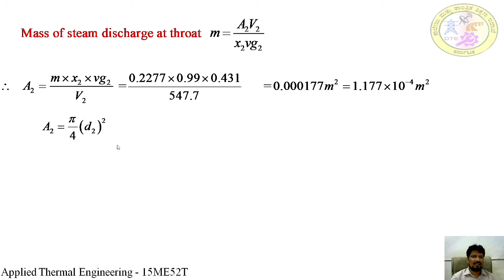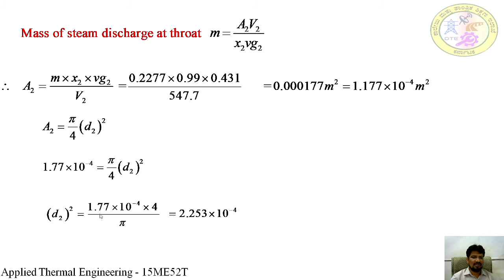Now you calculate the diameter. In the given problem, find out the diameter of the throat. We know A2 is equal to pi by 4 into d square. Therefore the area is 1.177 into 10 to the power of minus 4 equals pi by 4 into d2 square. Therefore d2 square is equal to 1.177 into 10 to the power of minus 4 into 4 divided by pi.